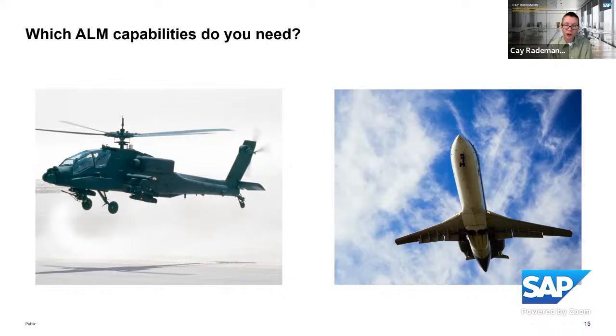The jet is more for long-term, long-distance flights, needing a big infrastructure to start and land. So this is a similar comparison. Solution Manager and Cloud ALM are not identical, they are different, and you have to find out which one is the better option for me.